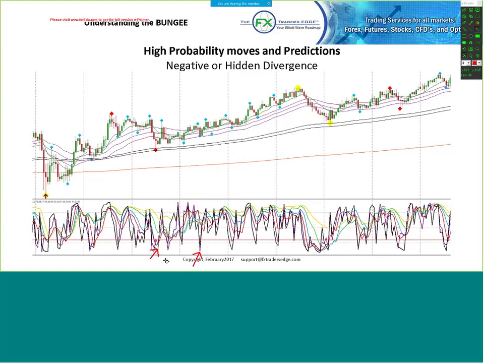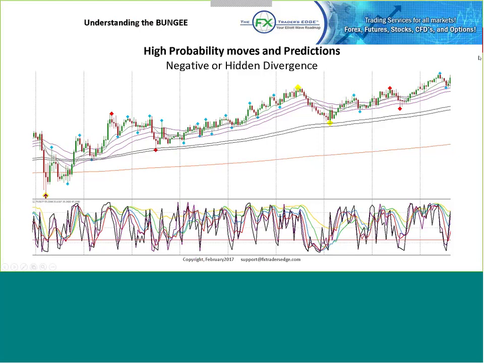The negative divergence is not dramatic, but we have a higher low and a lower low on that purple bungee. And that's a sign of moving in the opposite direction.